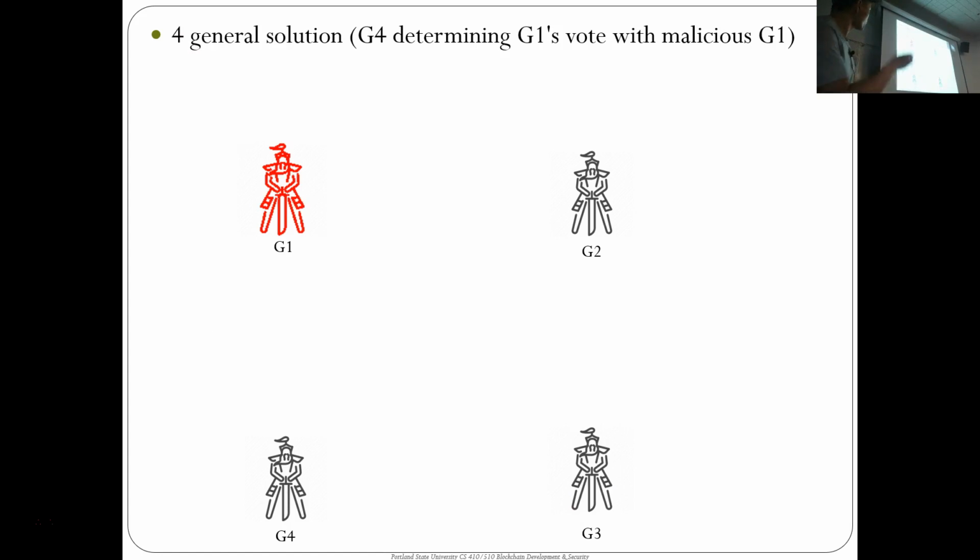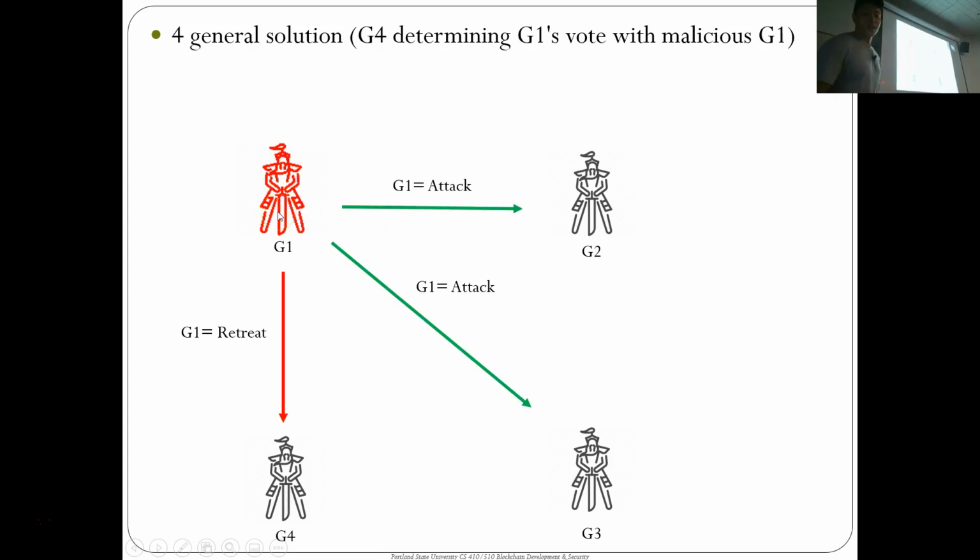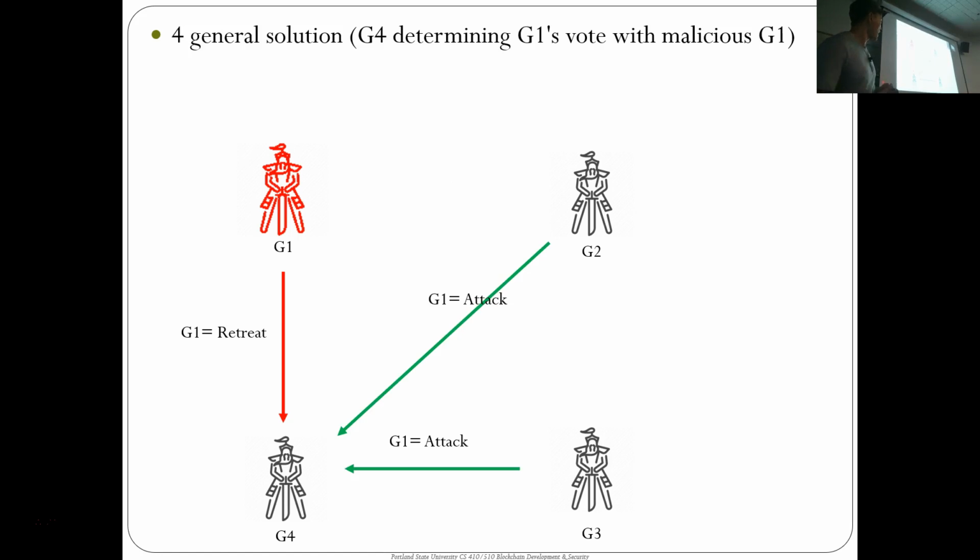Here's another solution. If the general G1 is malicious, and you're trying to determine what the majority of G1's votes are, then if G1 says retreat to G4 and says attack to just about everyone else, or the majority of everyone else, then G2 and G3 will send the attack to G4, and then G2 through G4 will all attack, right?